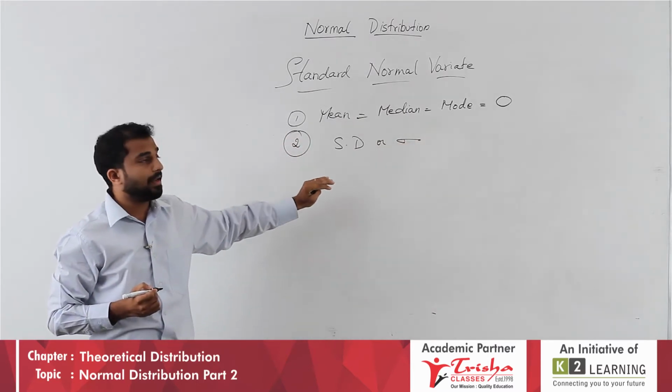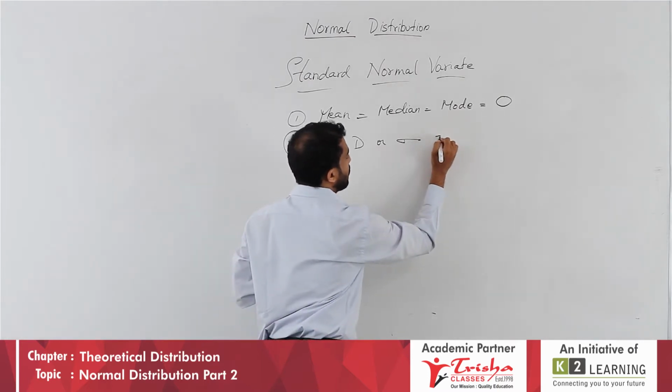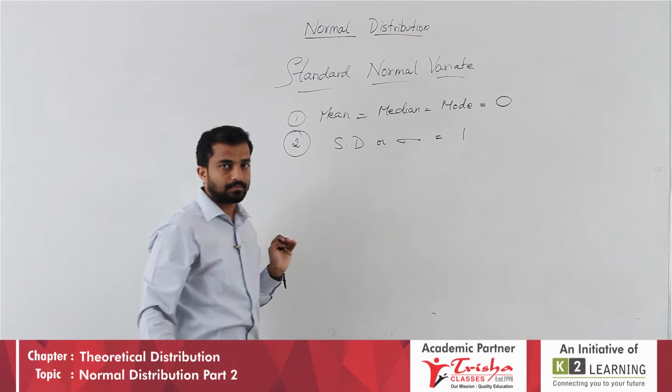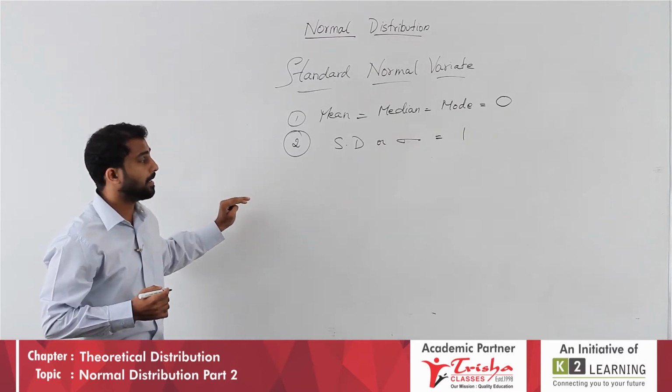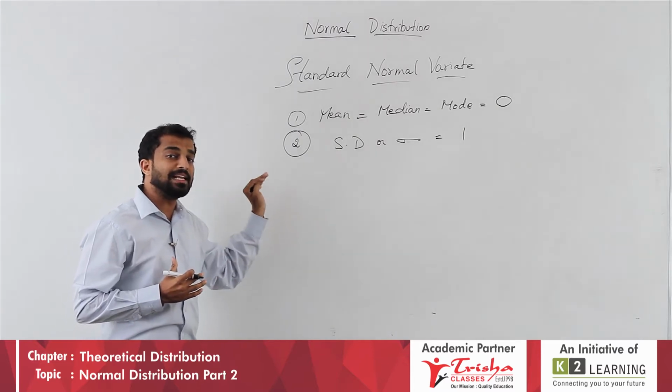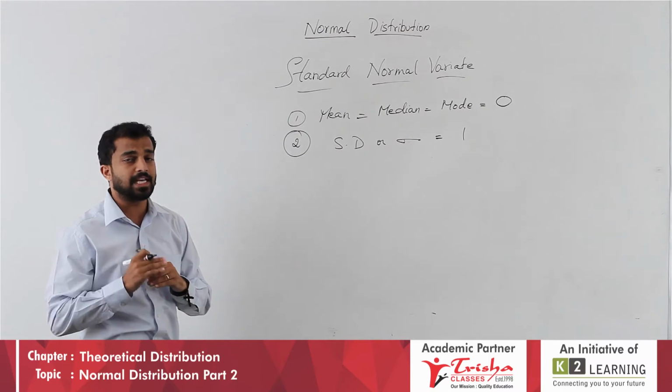The sigma value for a standard normal variate is always equal to 1. And therefore, students, very importantly, the probability density function for a standard normal variate will change a little bit.